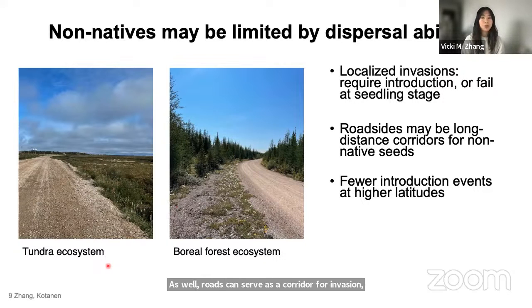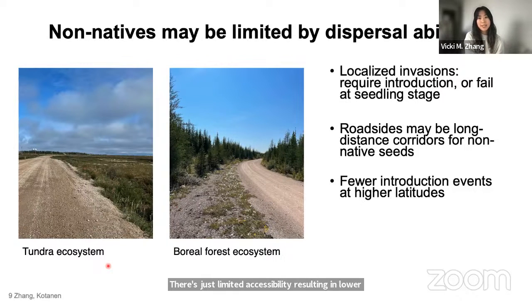And for unpaved roads, which is common in Churchill, with roadside maintenance or recreational vehicles, we can have long distance dispersal of non-native seeds. And these dispersal limitations might also explain why there are fewer non-native species at higher latitudes. There's just limited accessibility, resulting in lower introduction events and lower propagule pressure.